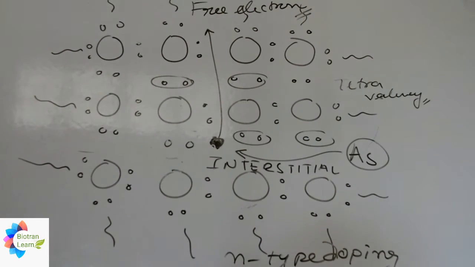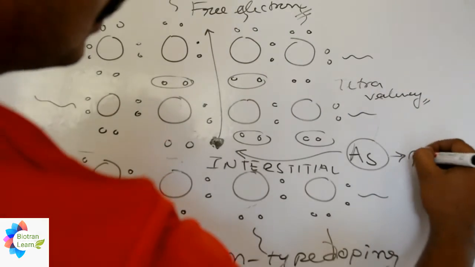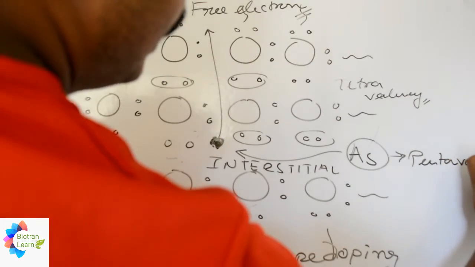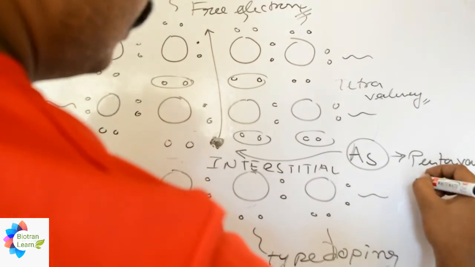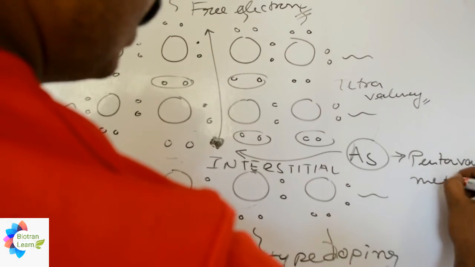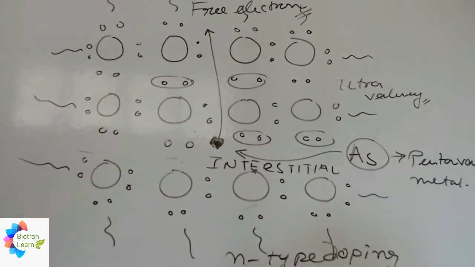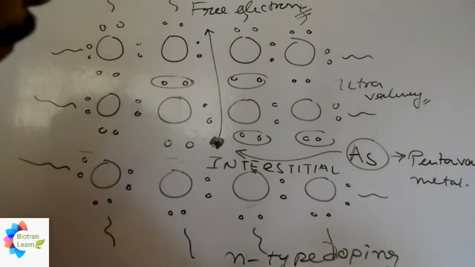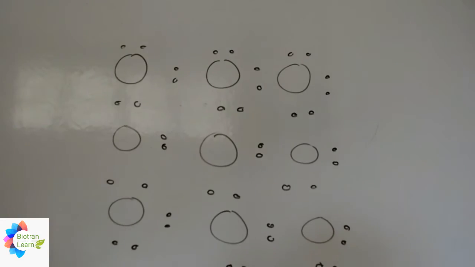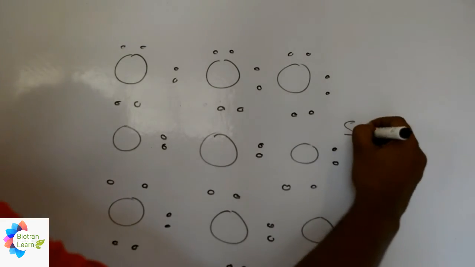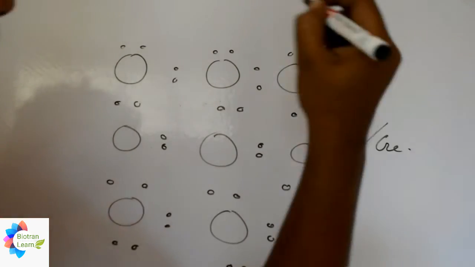What happens? In this case, suppose we are having a pentavalent element, and these are silicon or germanium, right?